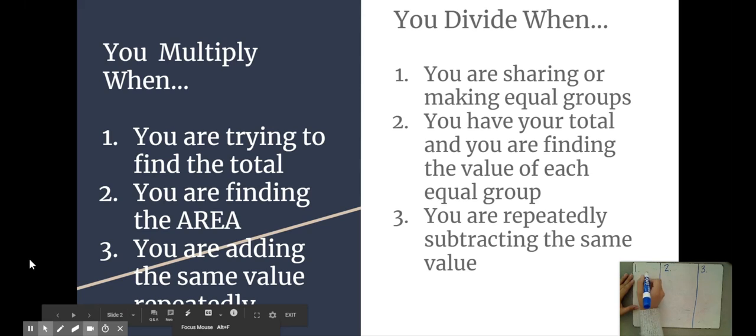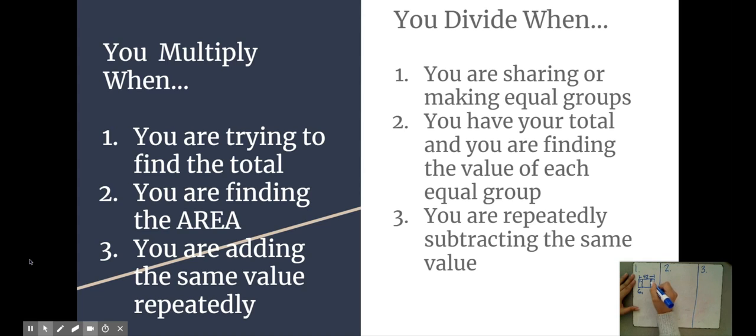So you are dividing if you are sharing. So on your strip diagram, let's say you have 42 awesome things, and you're trying to find in group 1, how many would each group get? Let's say you had 42 cookies, and you are splitting it amongst, let's say, 7 groups.